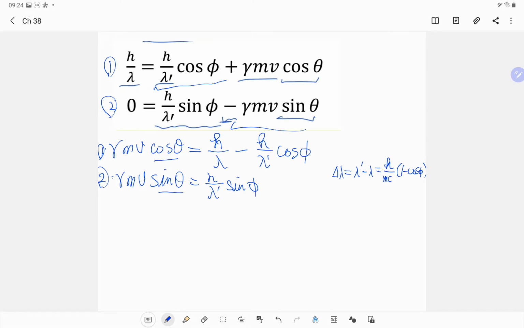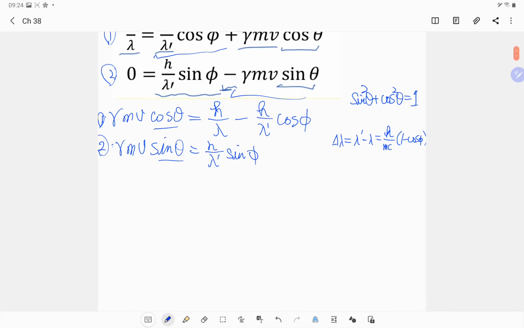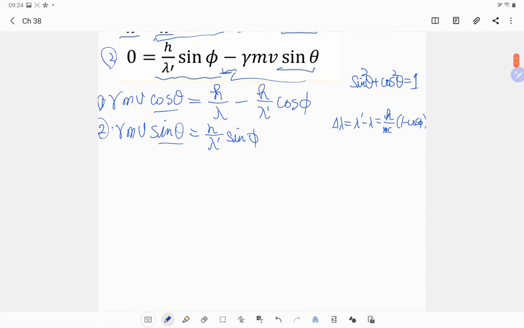So the most wonderful formula for the trigonometry function is actually sine theta squared plus cosine theta squared equals 1. This is the most useful formula.